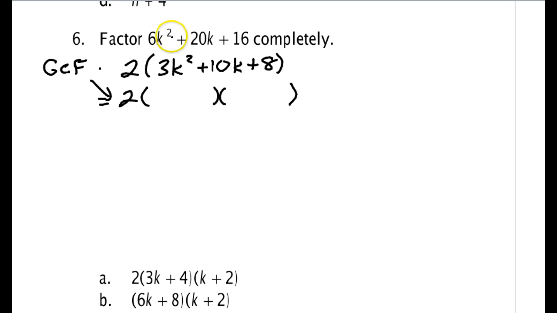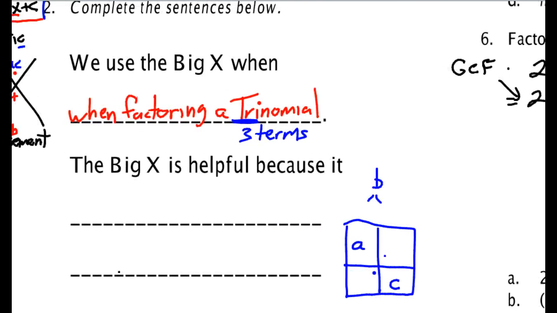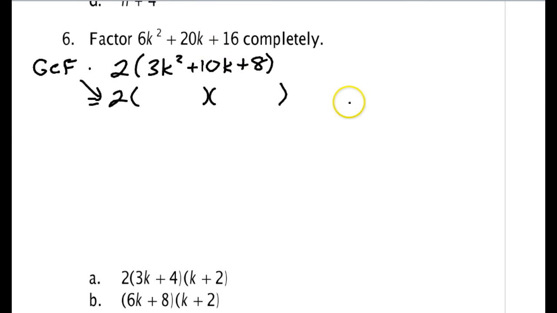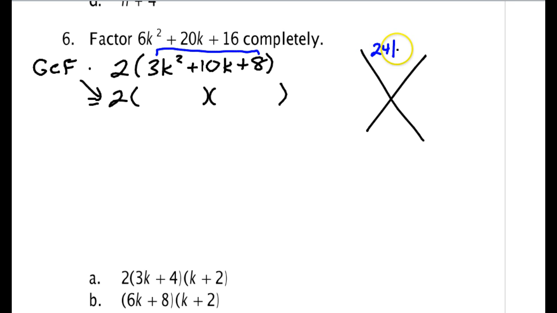So here's where we go to, since we looked over here, when do we use that big X? Factoring 3 terms, trinomial. So we have 3 terms, let's try to factor it, big X. So multiplies to 3k times 8, 24k squared, adds to 10.